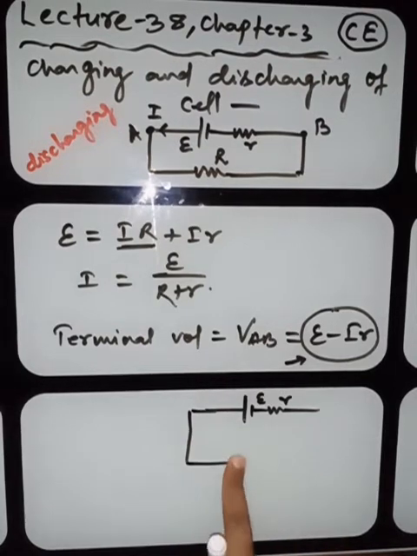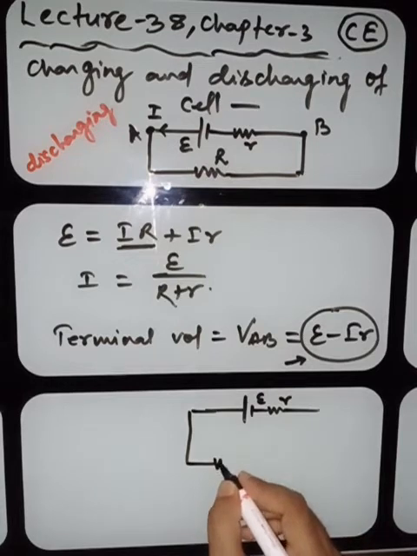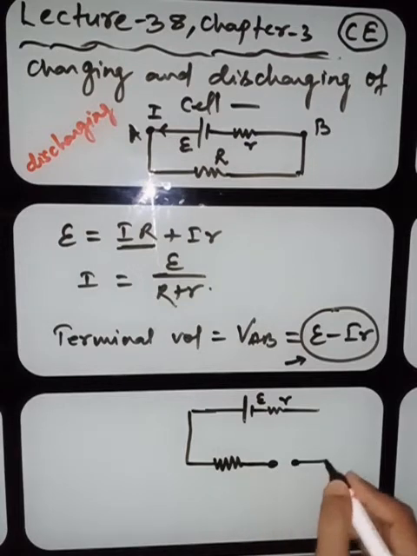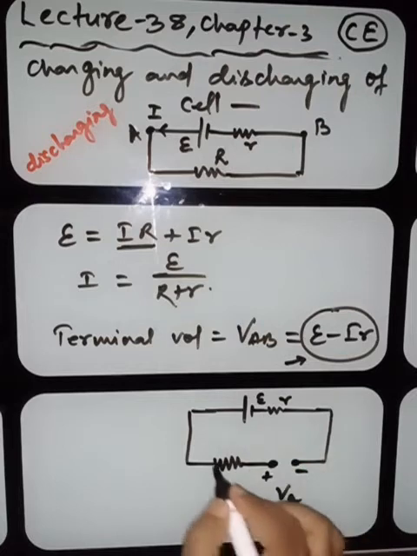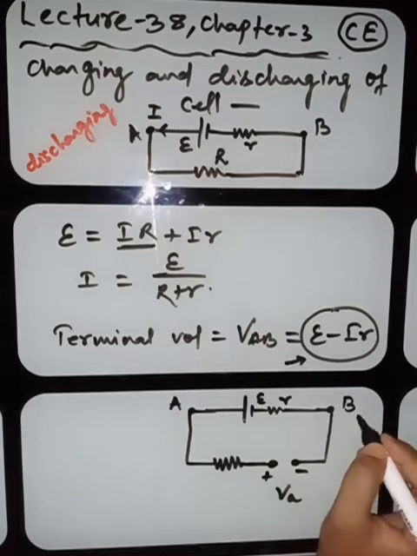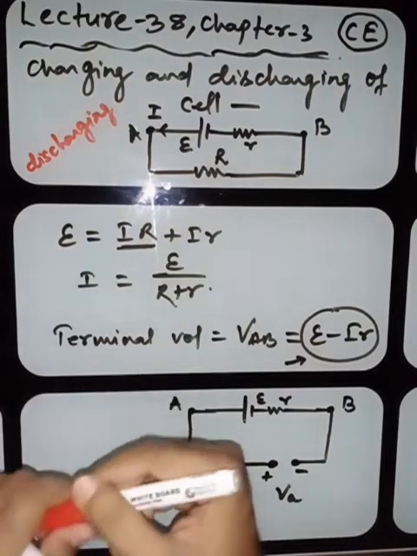To charge a cell, remember my dear student, you need to connect a heavy resistance so that the current should not be very high, because we charge with a high voltage. Suppose this is the positive terminal and negative terminal of applied voltage VA. This is the EMF. Now this is the point A and B across which we can get the terminal voltage, and this is the high resistance. Okay, and this is the case of charging.